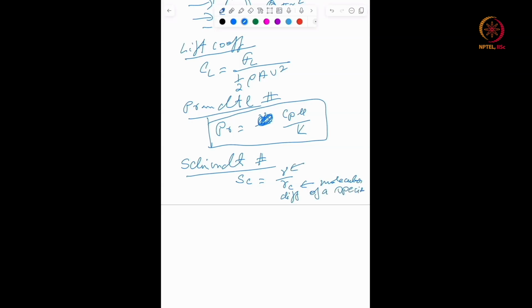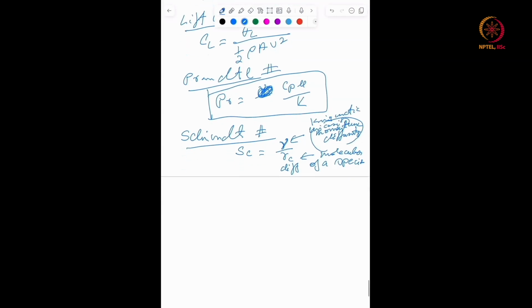And the one that you see on the top is basically the momentum diffusion, the kinematic viscosity. So that is the Schmidt number.